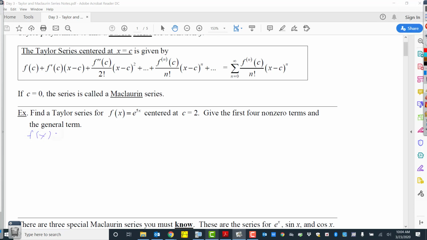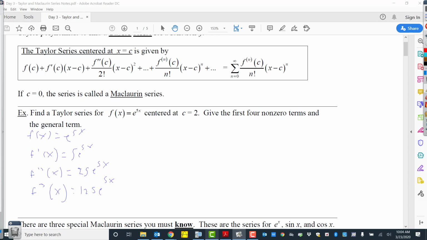f of x, which is equal to e to the 5x, f prime of x, which is equal to 5e to the 5x, f double prime of x, which is equal to 25e to the 5x, and then the third derivative of x, which is equal to 125e to the 5x.